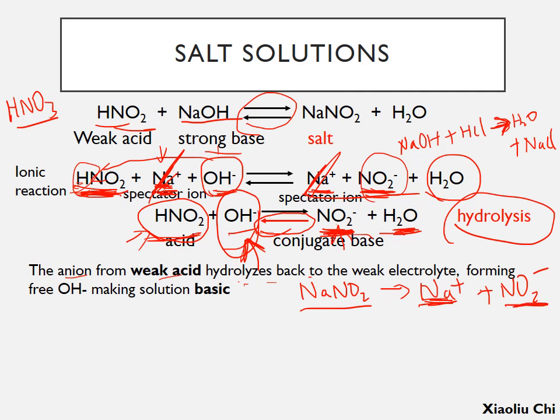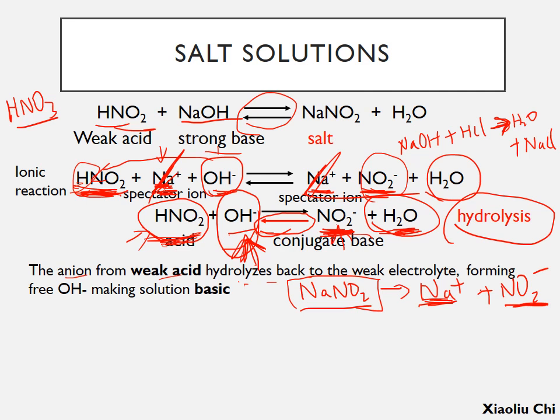But nitrite ion comes from a weak acid, hydrolyzes with water to go back to the weak acid, generates extra hydroxide, and that makes the solution basic. So a salt solution can be basic, not necessarily neutral, as we showed in the last slide.